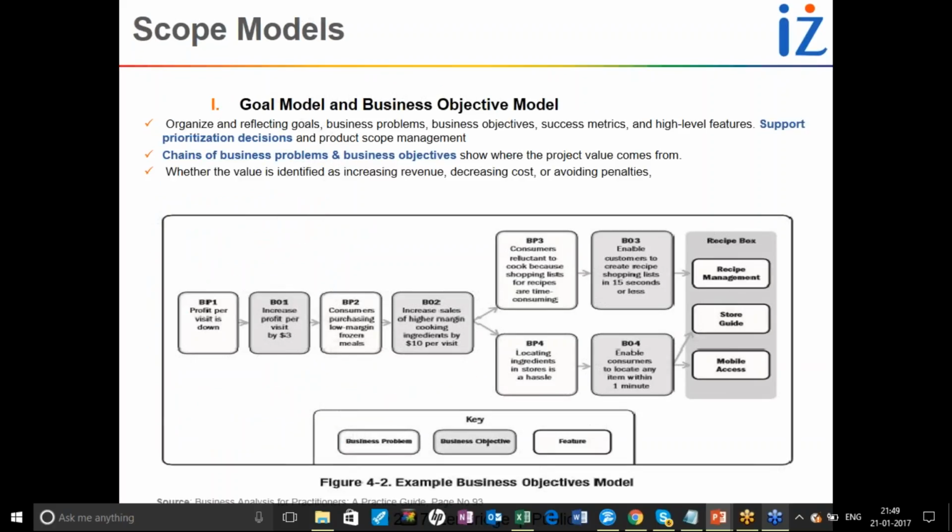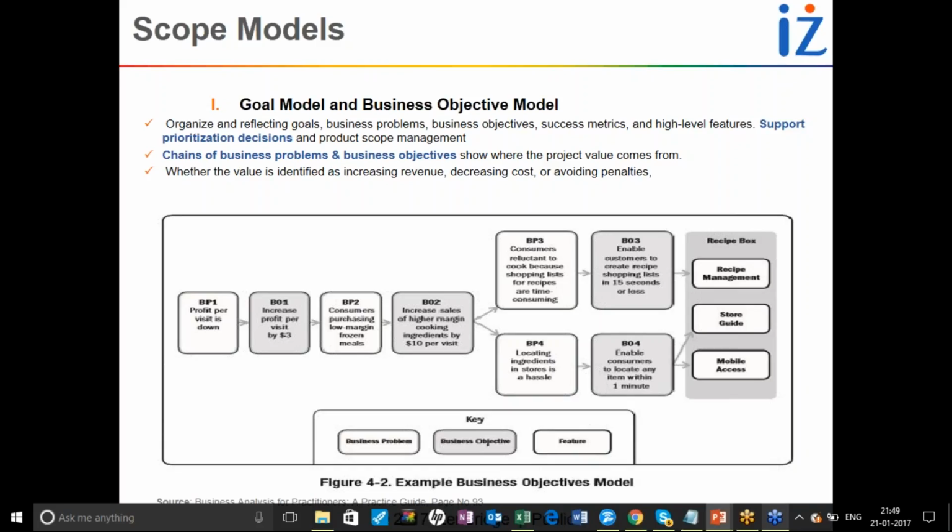So first is the goal model and business objective model. Here you are looking at your problem. I am taking the example from the business analysis practice guide, and you can see that the top problem is that profit per visit is down.